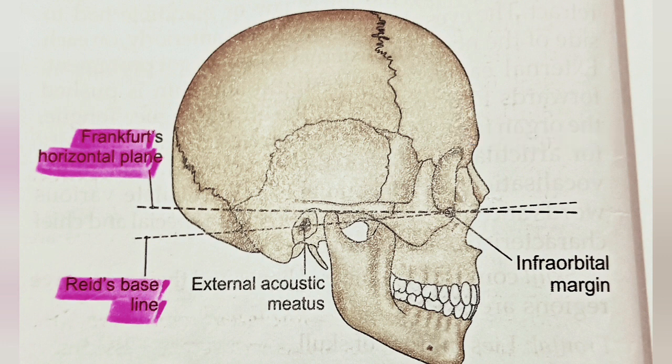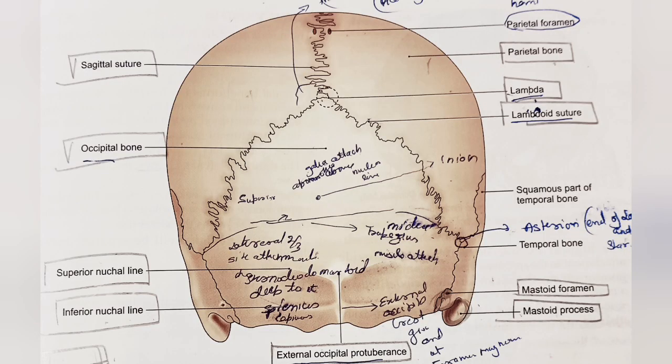Now we will discuss how much the scalp extends posteriorly. Posteriorly, the external occipital protuberance and the superior nuchal lines mark the end of the scalp.